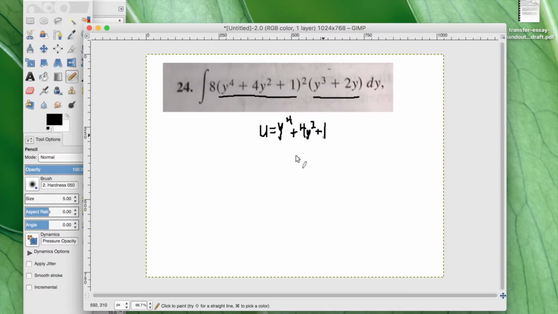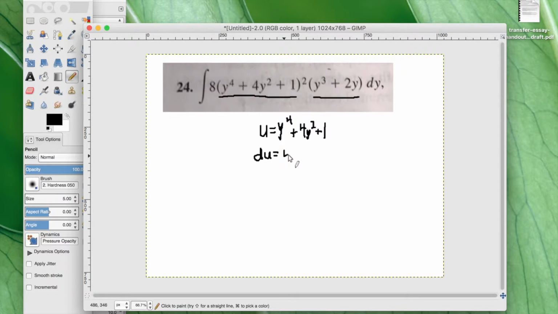Okay, so now we have to find the derivative of u, also known as du. In order to do that, we're just going to use simple differentiation rules. In this case, we're going to use the power rule, in which we take the 4 and bring it down.